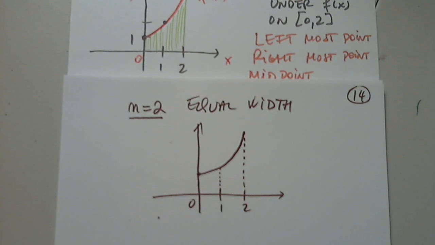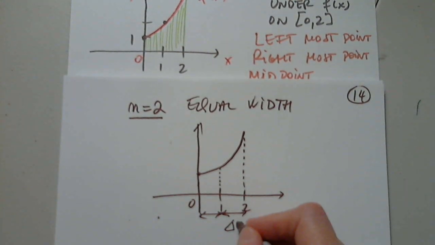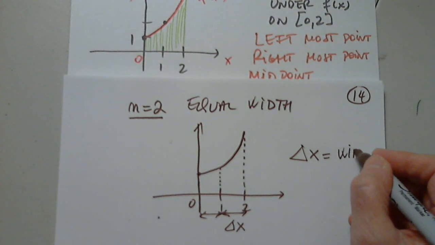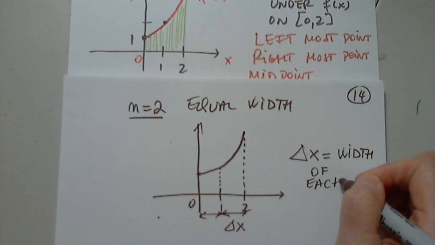Zero, 1, and 2. So the width of a subinterval, it's called delta x, of course. Delta x, the width of each subinterval.